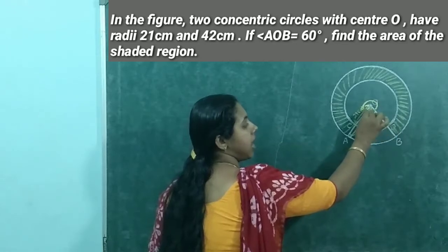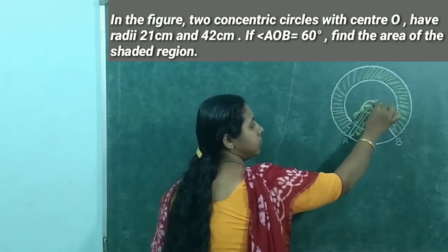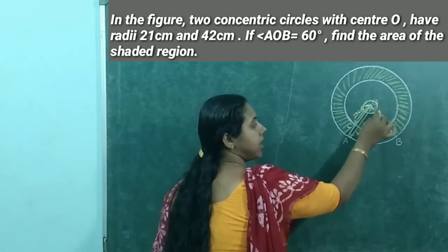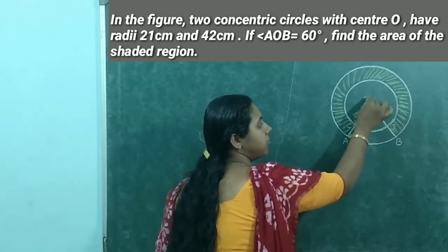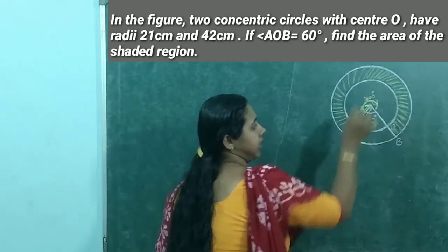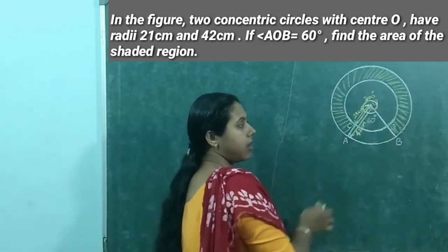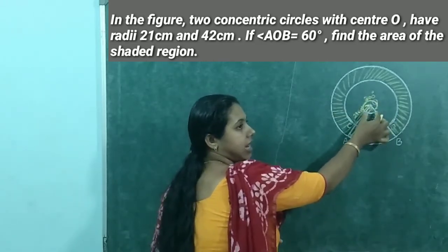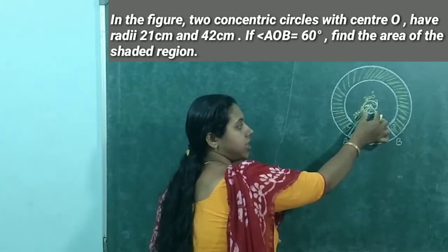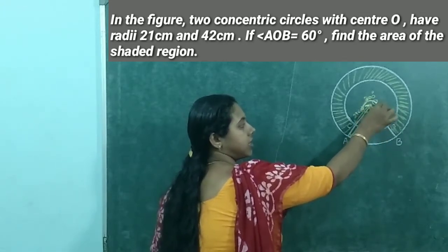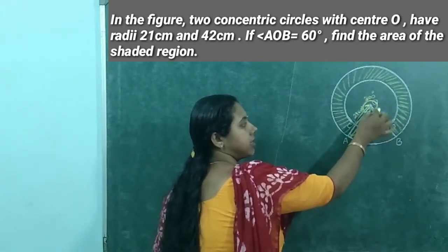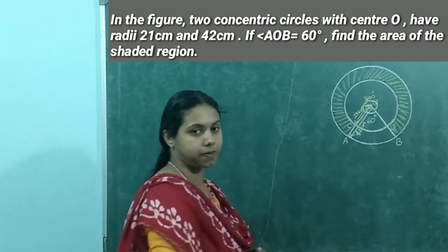Then the major sector angle is equal to 360 minus 60, that is equal to 300 degrees. The total angle is 360 and the minor sector angle is 60 degrees. Therefore, the major sector angle is 360 minus 60, that is 300 degrees.